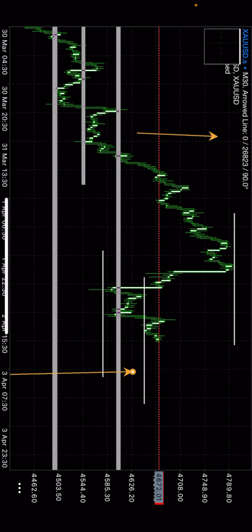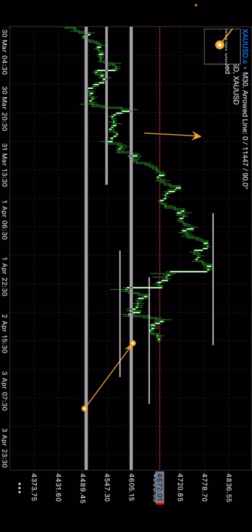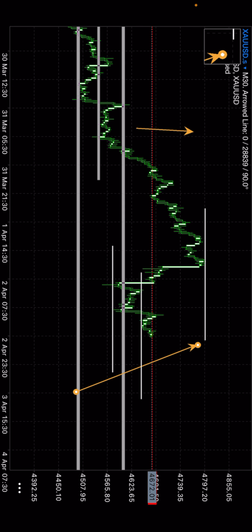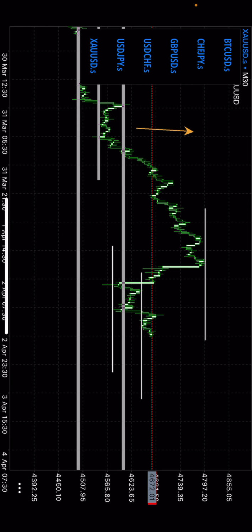Normally all you have to do is wait for gold to pull back, but we know it's a new week, so the market is going to be opening tonight. Gold might even gap up. Gold is going to continue buying. It might not pull back, but if it pulls back, you go to a smaller time frame, maybe 15 minutes or 5 minutes. You wait for price to shift, then you take your entry and ride it back to this level. So that's it for gold.